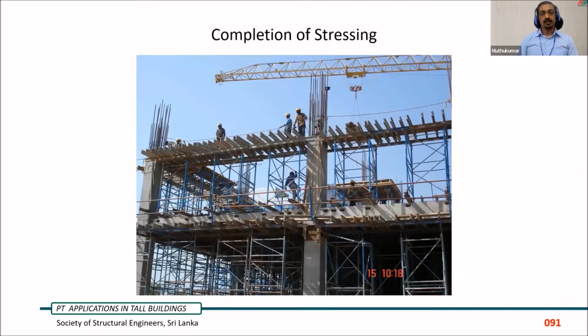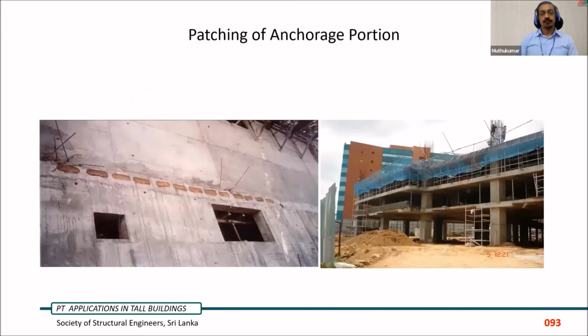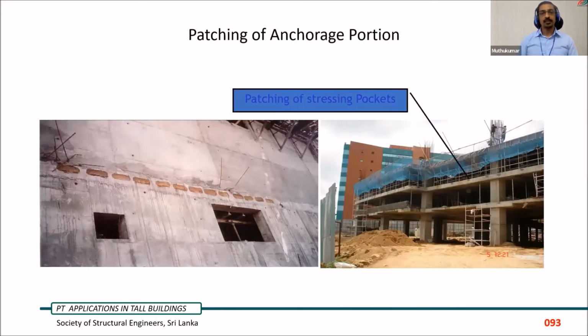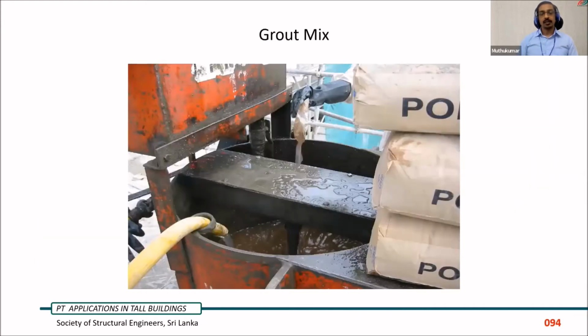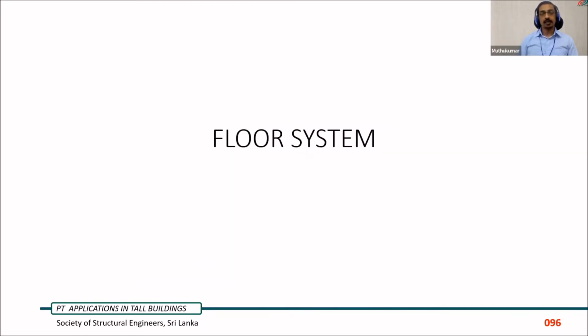After completion of stressing, excess strands are cut, and then patching of stressing pockets starts, along with the grout mix. Grout will be pumped from one side, and after reaching consistency, the grout will be locked. So this is the general typical construction progress for any high-rise building.